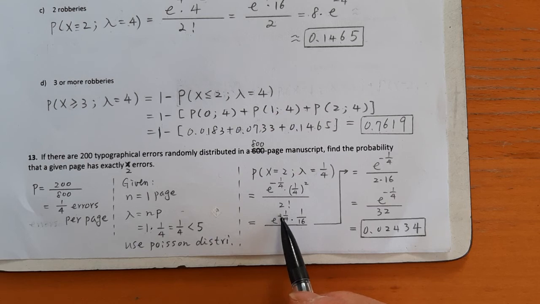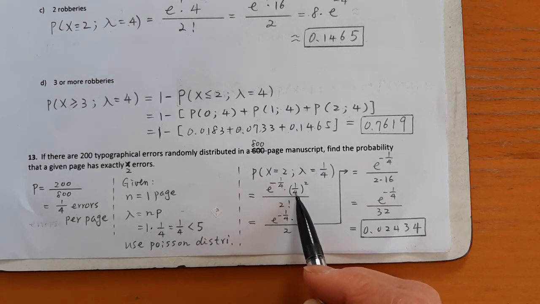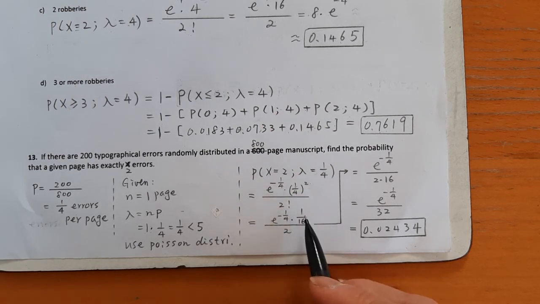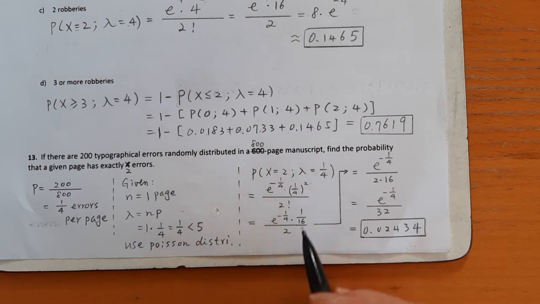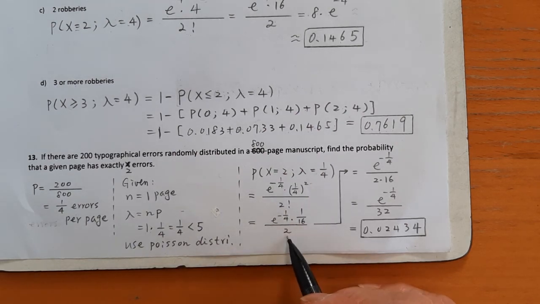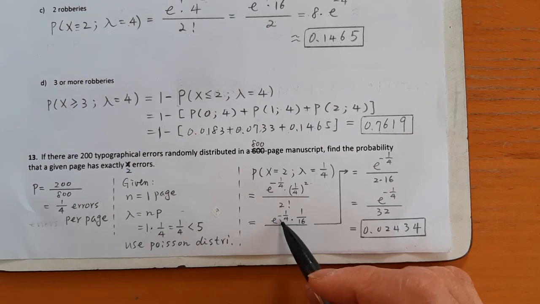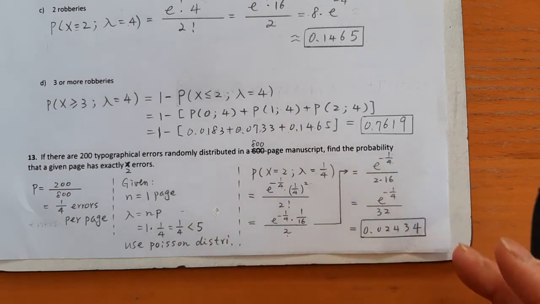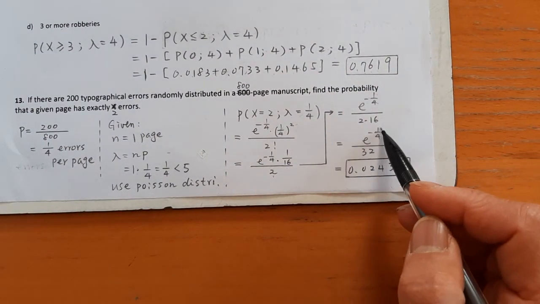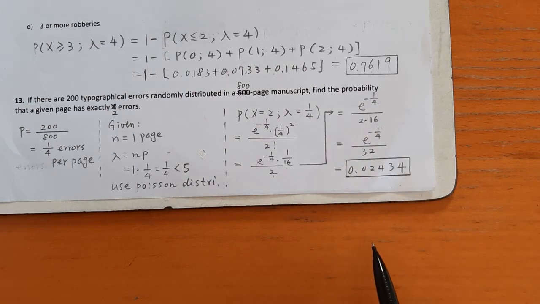Then e to the power negative 1/4 times 1/4 squared. 1 squared is 1, 4 squared is 16. The 16 goes down to the denominator, becoming 2 times 16, and the numerator is still 1 times e to the power negative 1/4. So it's e to the power negative 1/4 over 32.